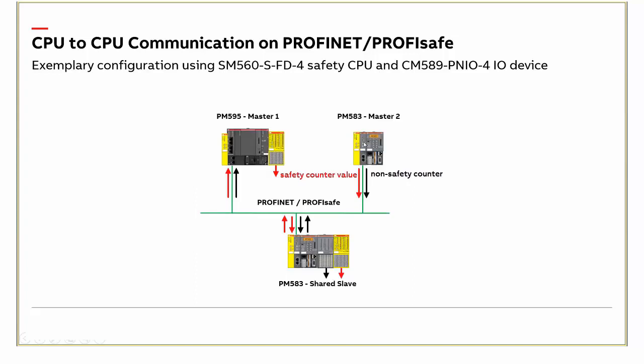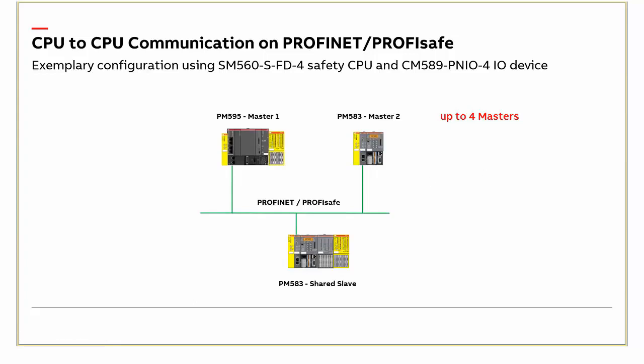So what you can see here is that you can exchange input and output values, safety and standard process values, with one master, and at the same time simultaneously exchange them with master 1. And as I mentioned in the beginning, we can extend this similar behavior with up to 4 master systems.